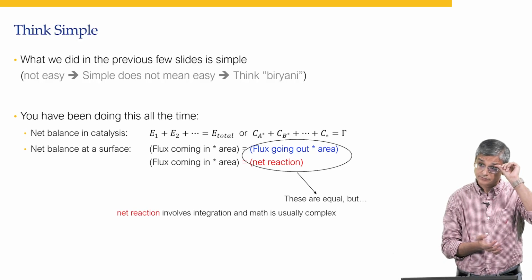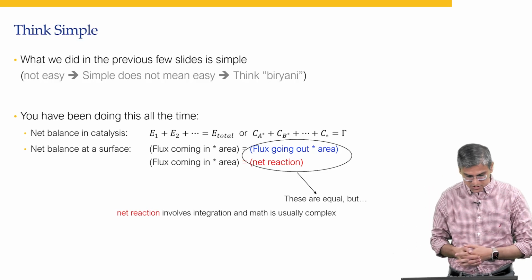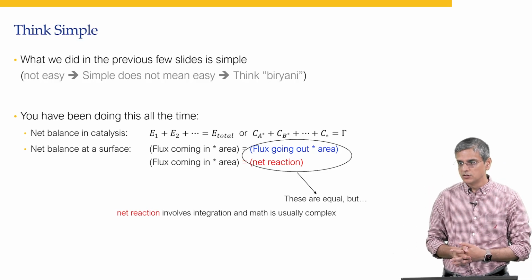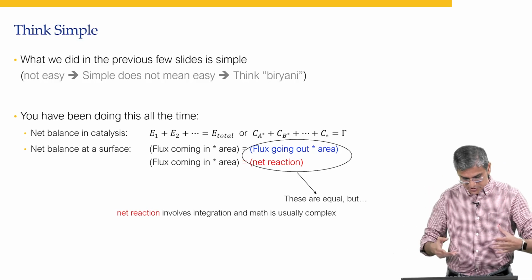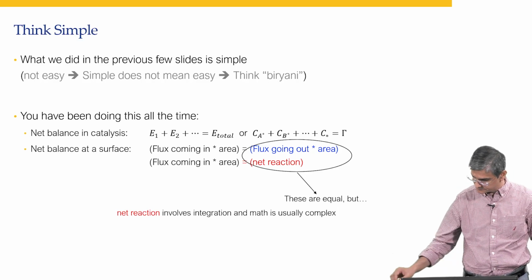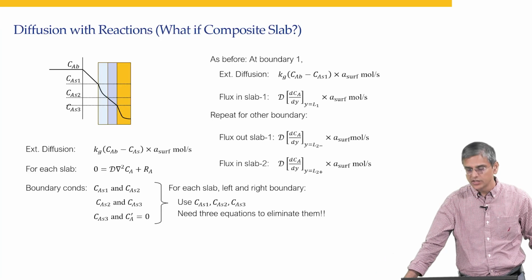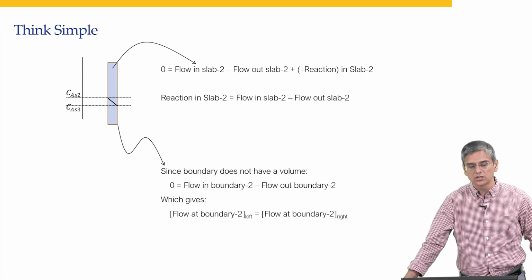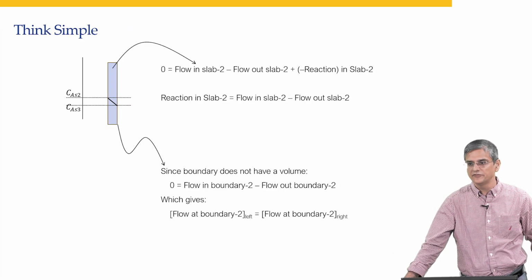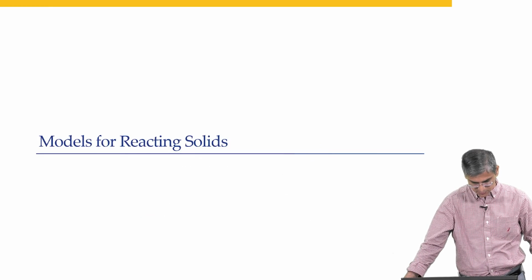But the concept again was the same, and we just build on top of it. So essentially that is what is involved when it comes to the overall composite slabs.